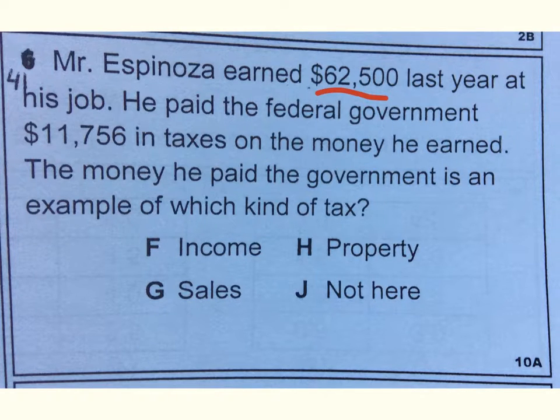He paid the federal government $11,756 in taxes on the money he earned. The money he paid the government is an example of which kind of tax? Income, sales, property, or not here?